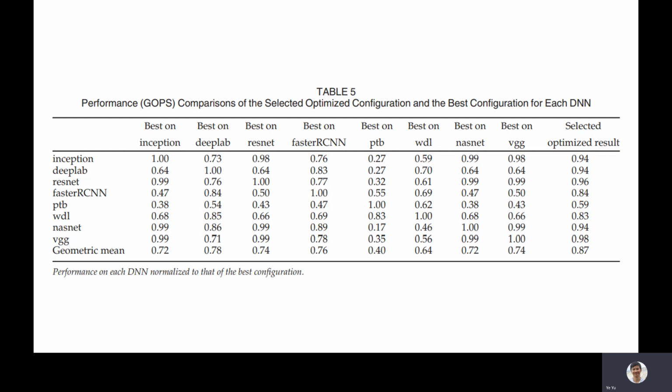The selected configuration outperforms the best configuration for each DNN by 12% to 118% in terms of geometric mean performance. The different characteristics of various DNNs may lead to significantly different configurations in the design space. Thus, the target applications should be considered in the early design stage to design efficient accelerators for a broad range of DNN applications.